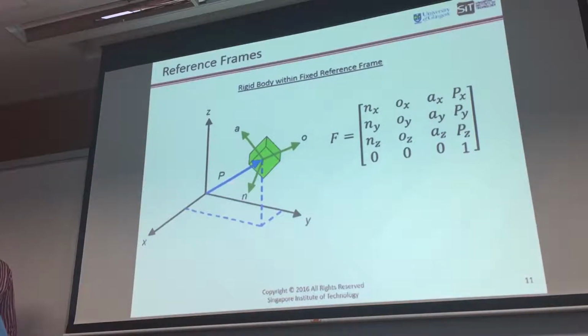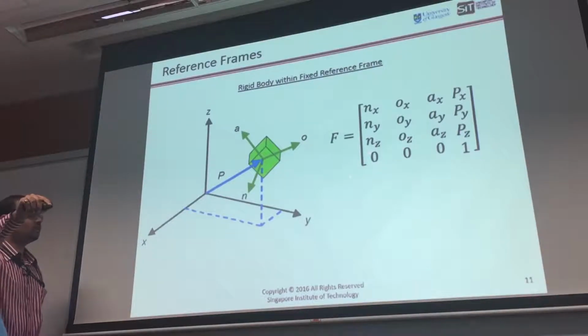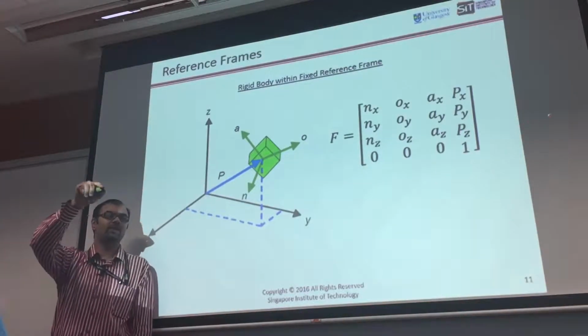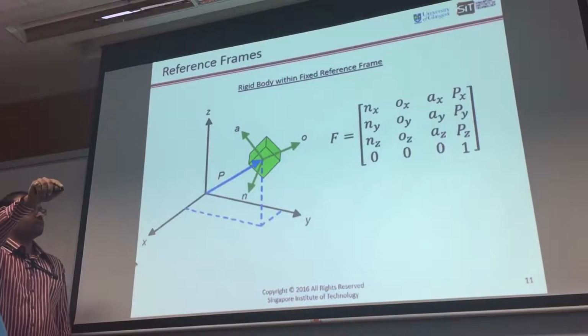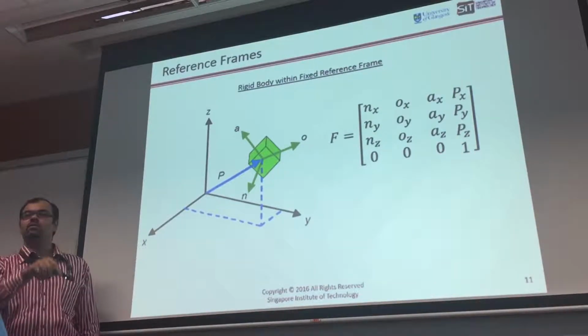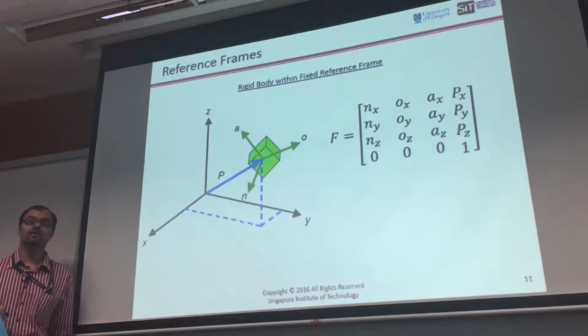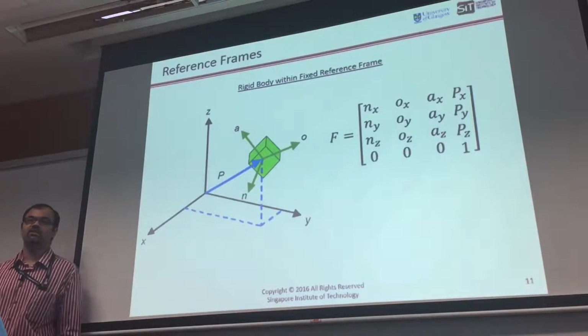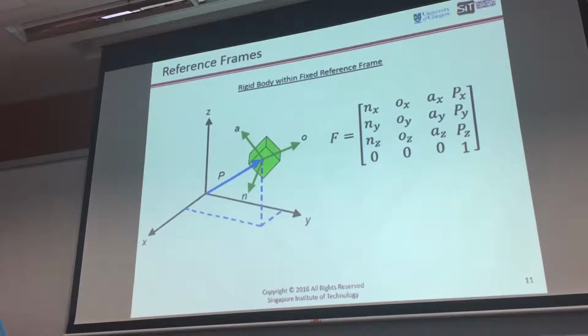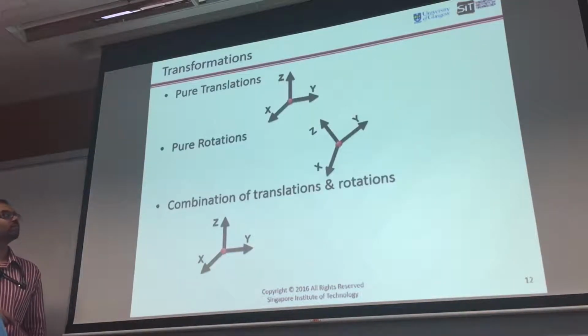So these are the two key things. And also remember, your bottom row is 0, 0, 0, 1. Why 1 over here? Scaling, right? Because it's rigid structures, we can't stretch, we can't compress, so that's why it's 1. We don't have any scale to it.